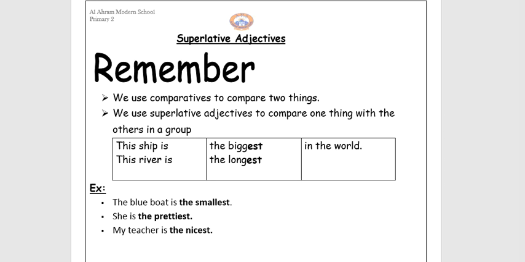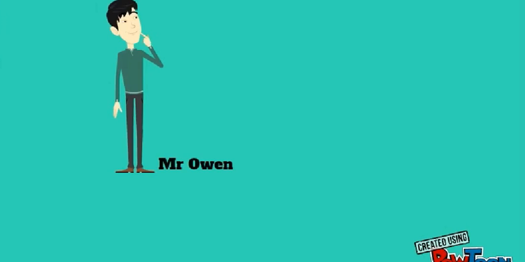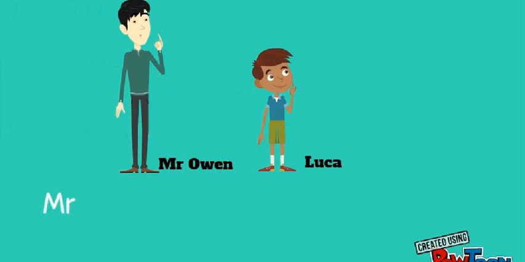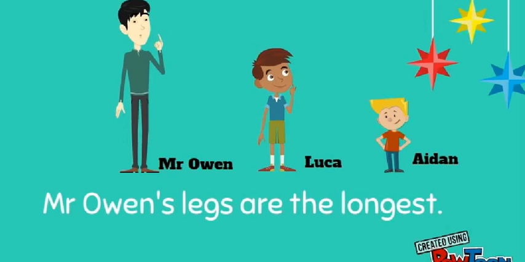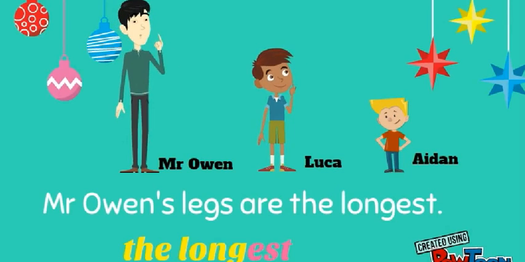Now we are going to move to the spelling rules. Here we go. Here we are going to compare between a group of people. And we have Mr. Owen, Luca, and Aiden. Mr. Owen's legs are the longest of them all.